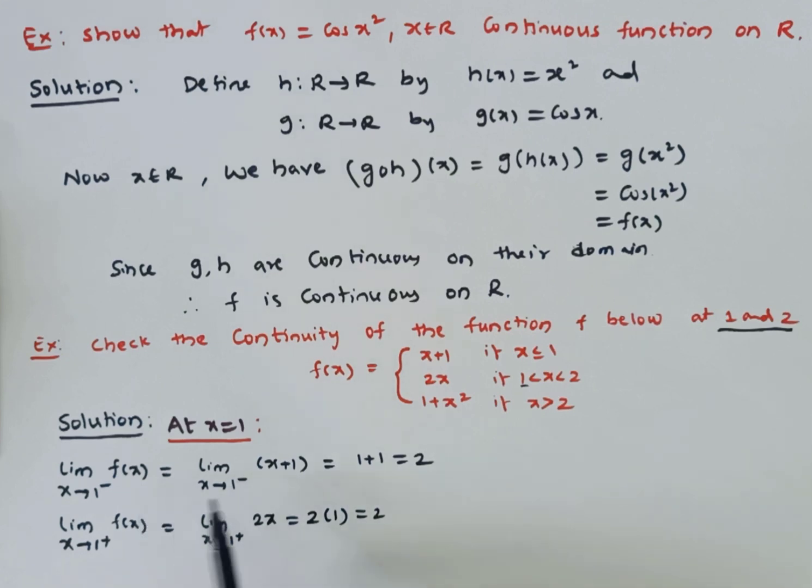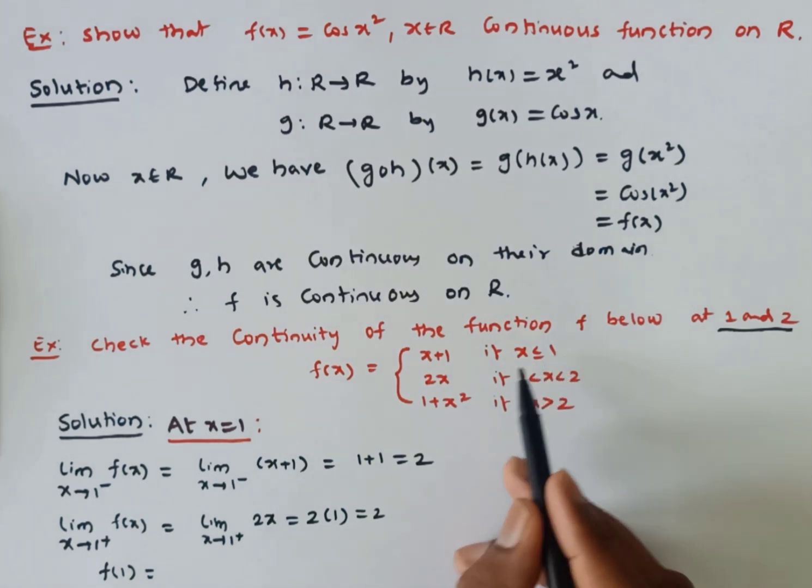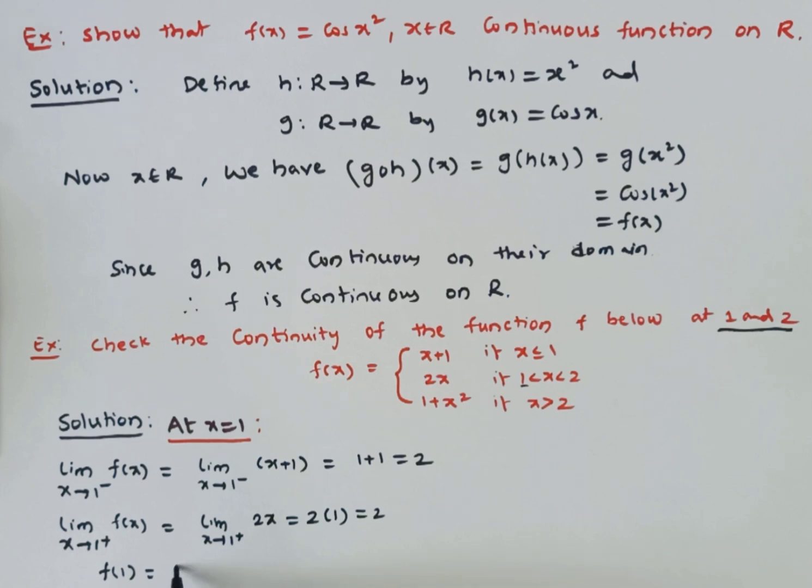So here the left hand limit 2 exists, the right hand limit also exists, and they are equal. Now you can find the function value, f of 1. f of 1 is defined here where the equal symbol is. So when x equals 1, the function is x plus 1, therefore it is 1 plus 1, that is 2.